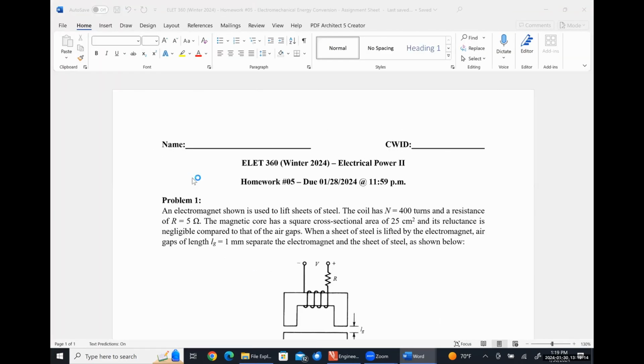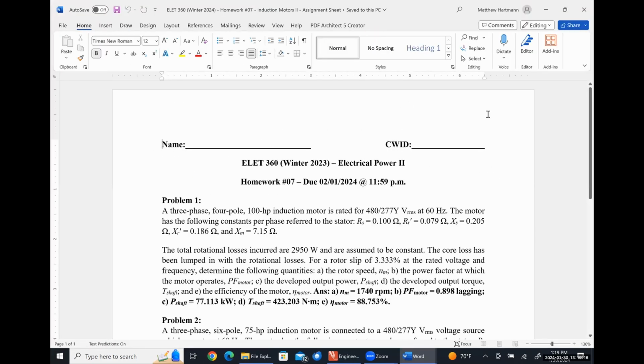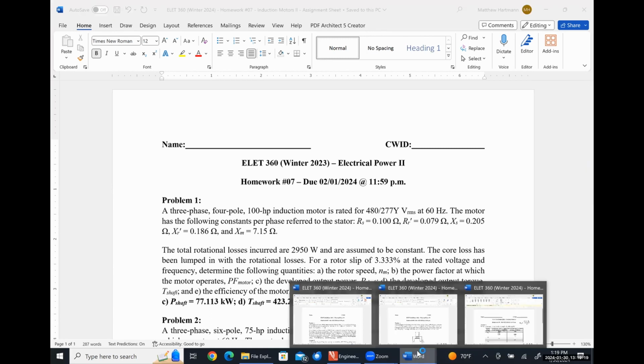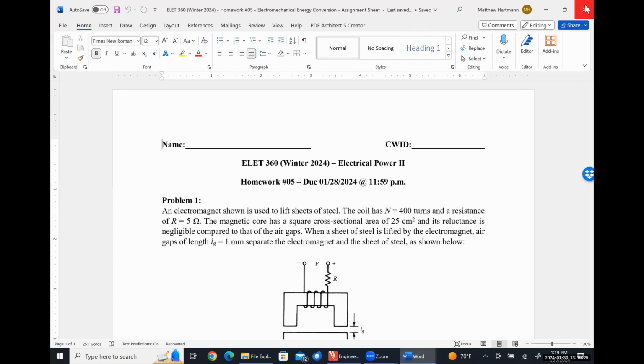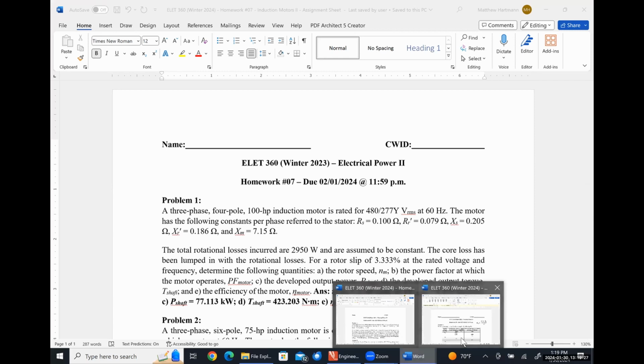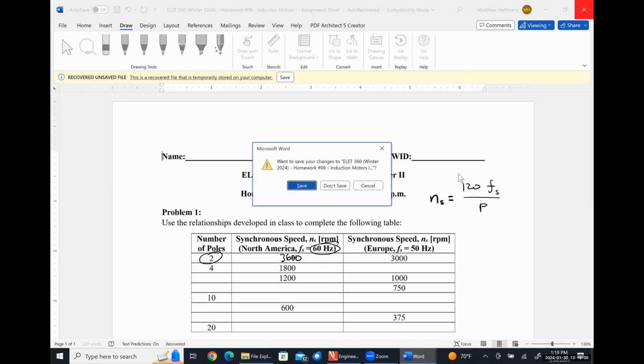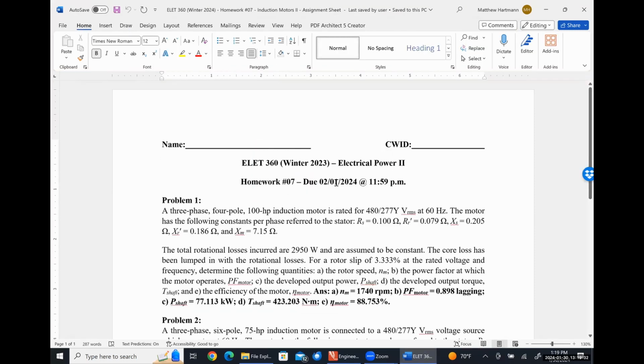Oh my God, it's opening every damn file in the world. I'm getting frustrated. Close this out. Close that out. Don't save anything.